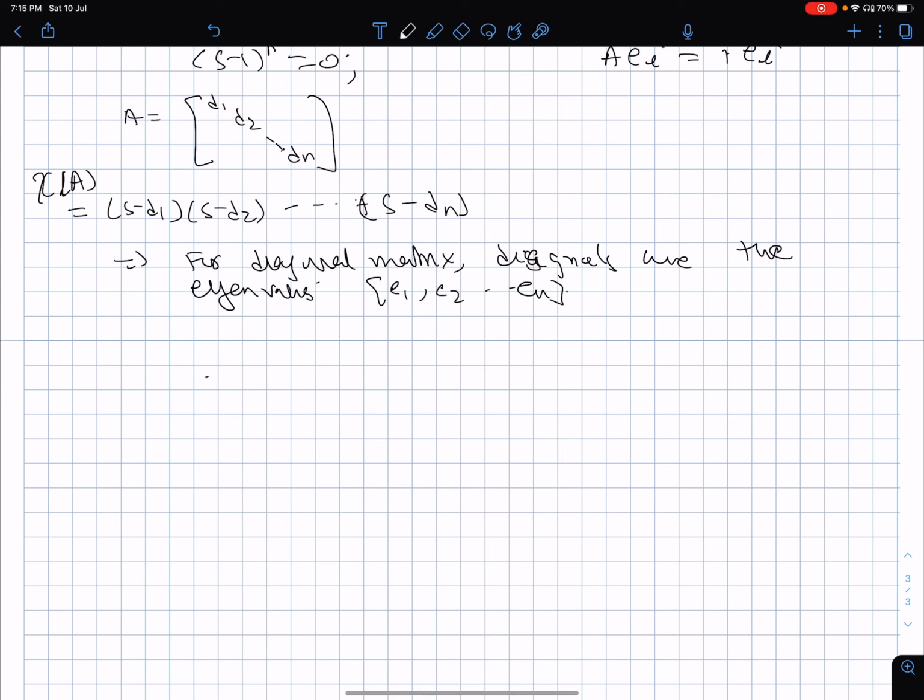Now suppose the matrix is a triangular matrix, let's say an upper triangular matrix with entries u11, u12 to u1n, u22 to u2n, and so on up to unn.